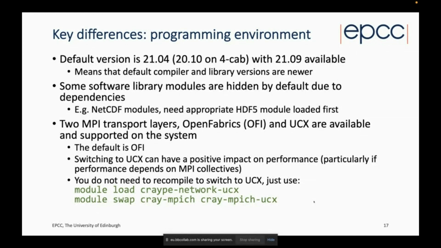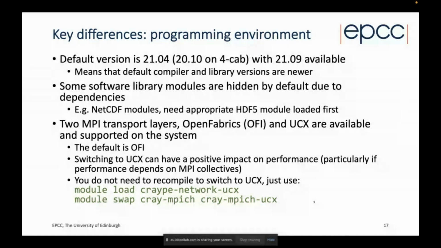The two MPI transport layers do exist on the 4-cabinet system, but we've always recommended on the 4-cabinet system that people use the Open Fabrics layer, OFI, and occasionally use UCX if OFI isn't working for some reason, in particular cases. Actually, on the full system, UCX is more promoted to a sort of more first-class citizen, and it's worth trying both out.